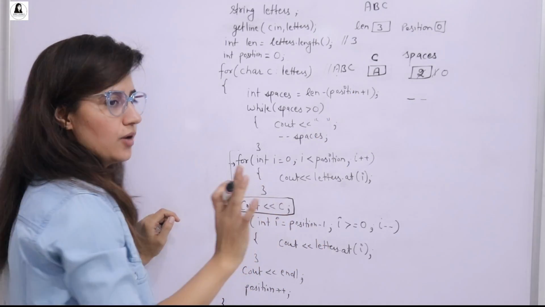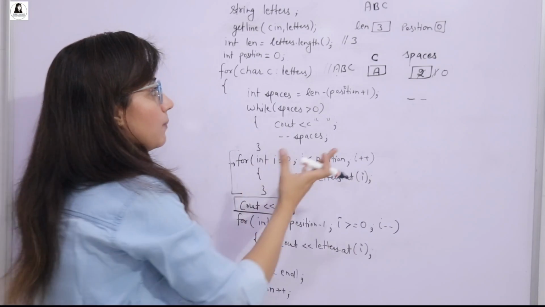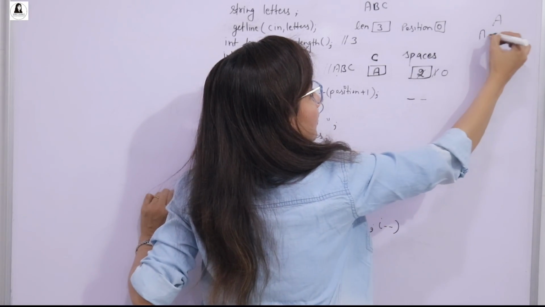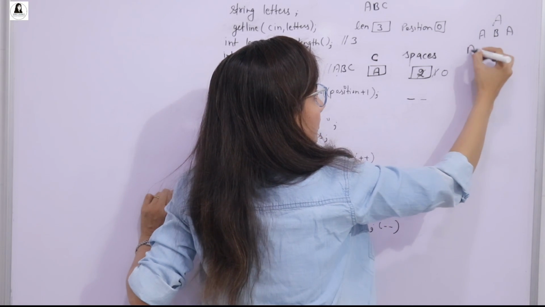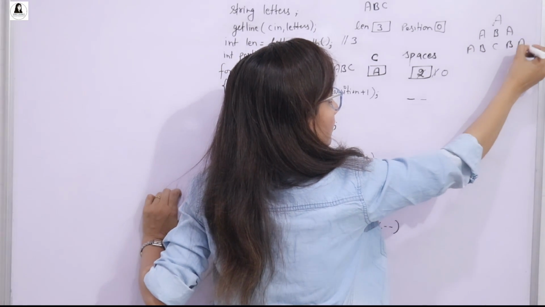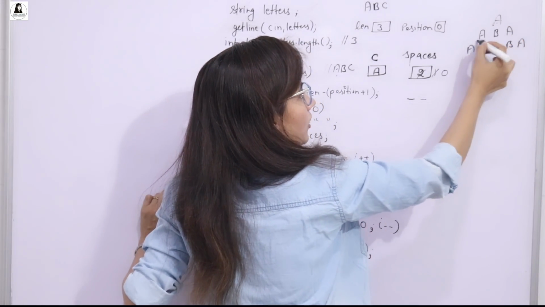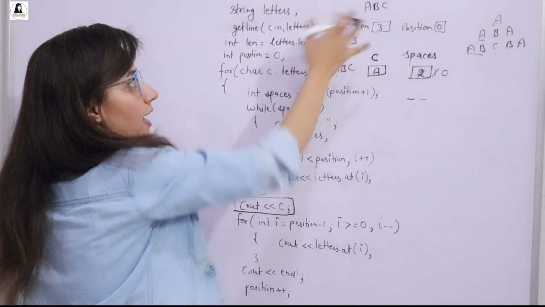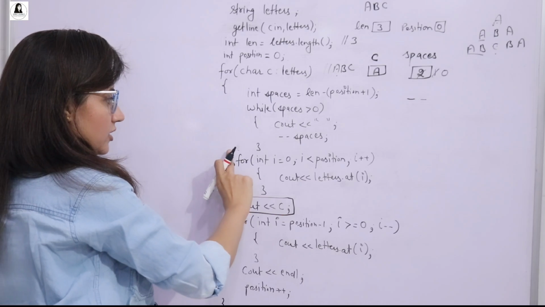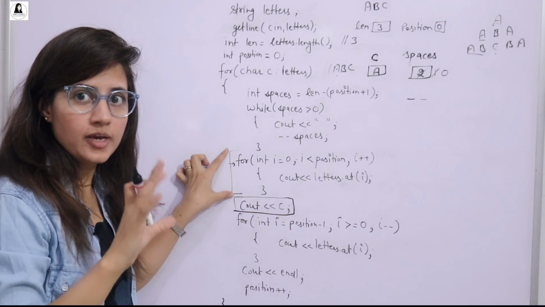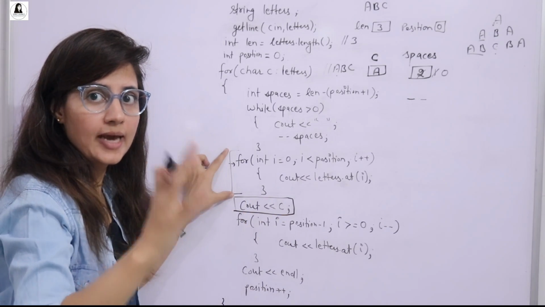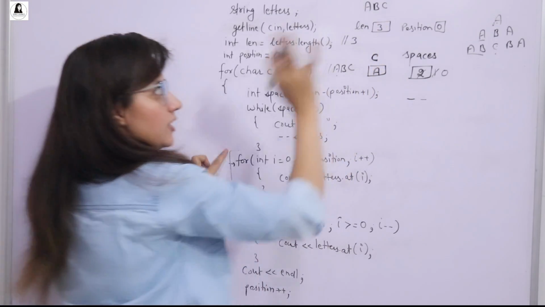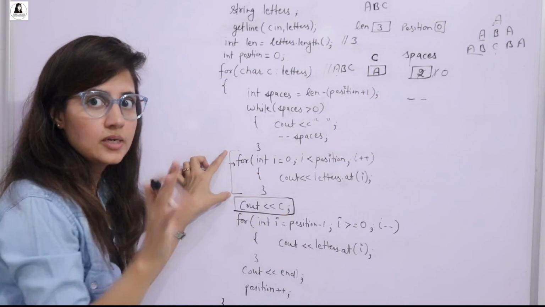So at first we have A in c, so A would be printed, but before A, here we have like A, B, A, and A, B, C, B, A. So before the actual character, whatever is there before it in that string, that we are going to print. So this loop is for that. You have to display in order up to the current character. So the current character right now is A, and before A there is nothing. So obviously this loop would print nothing.